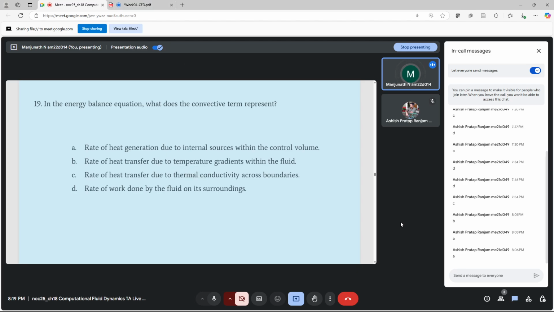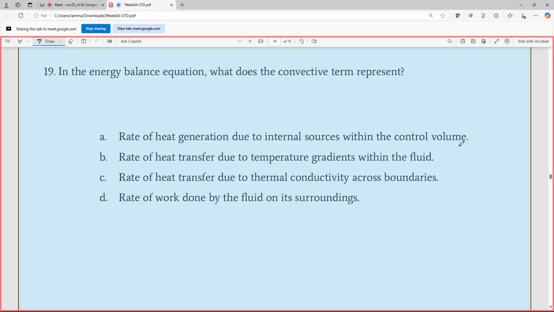So the next question is, in the energy balance equation, what does the convective term represent? Which of the following does the convective term represent? Options are: A, rate of heat generation due to internal sources within the control volume.